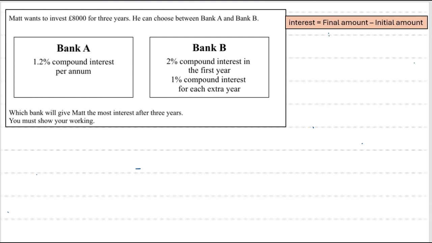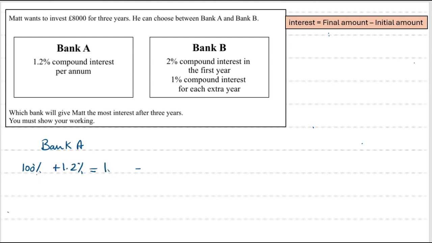We learned in the previous question that interest is equal to final amount minus initial amount. So we're going to find the final amount for both Bank A and Bank B. For Bank A, we start off at 100%, and since we're earning 1.2% interest, we add 1.2%.